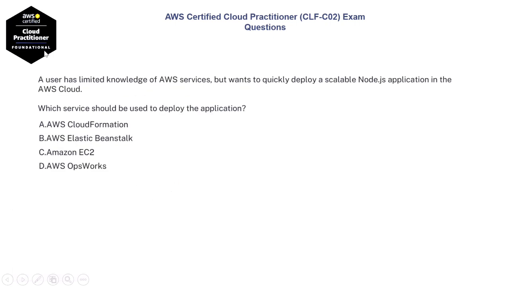Next question. A user has limited knowledge of AWS services but wants to quickly deploy a scalable Node.js application in the AWS cloud. Which service should be used to deploy the application? Option A, AWS CloudFormation. Option B, AWS Elastic Beanstalk. Option C, Amazon EC2. Option D, AWS OpsWorks.